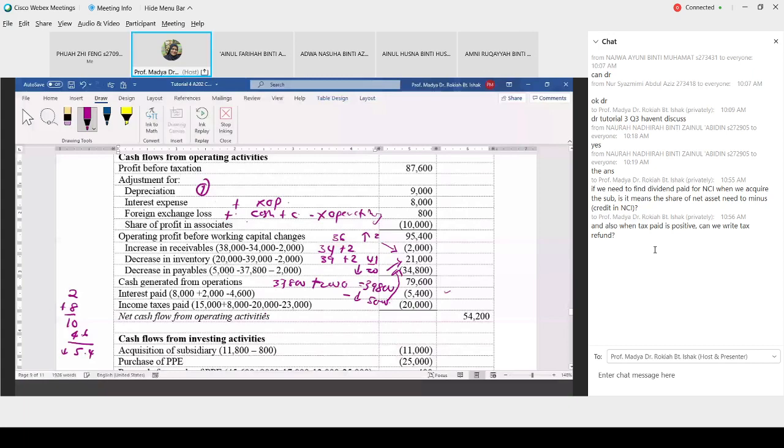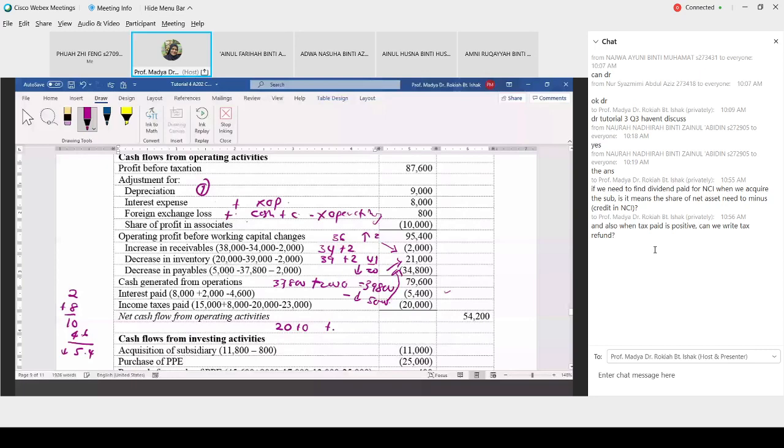Compare with the ending balance: the ending balance in the tax payables is 8, and then plus the deferred tax here is 15. So altogether you have 23. So reducing by this, and for item number 2, the item you acquired, cash paid, and then minus 800 here.